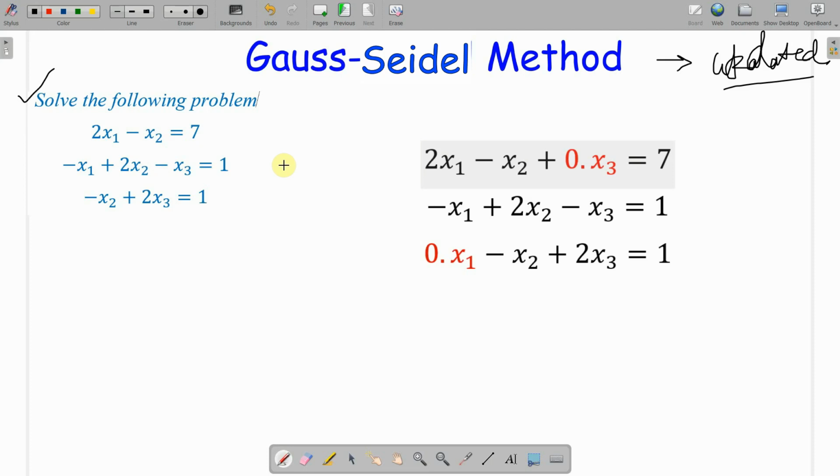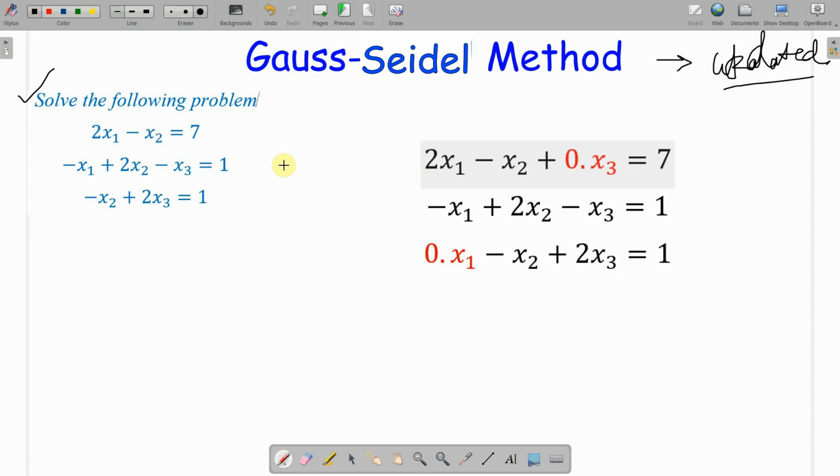So your problem will not converge if you are not considering the diagonally dominant condition. That's one criterion for the Jacobi method, and this diagonally dominant condition is also applicable for the Gauss-Seidel method, because you have to rearrange your equations. That's the trick here: rearrange your equations in such a way that they become diagonally dominant.